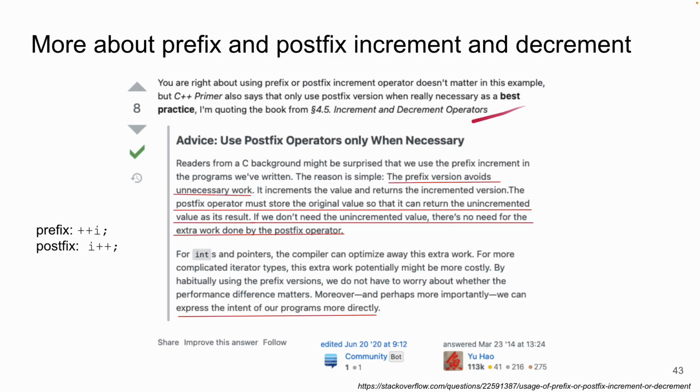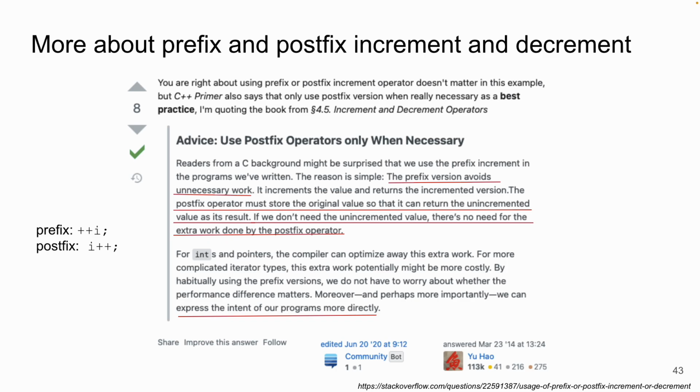The best practice is to use the postfix operator only when necessary. The postfix operator will decrease the efficiency of your program a bit because it requires the computer to do some extra work. So try to avoid that.